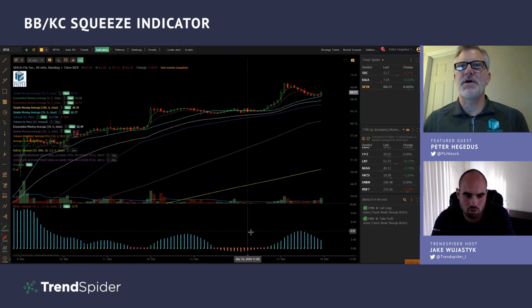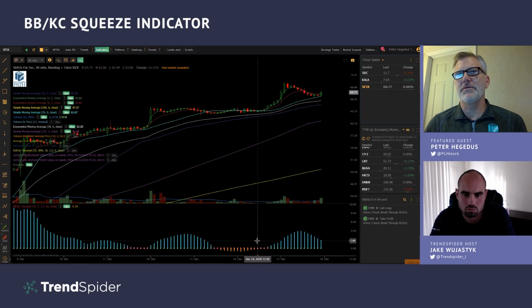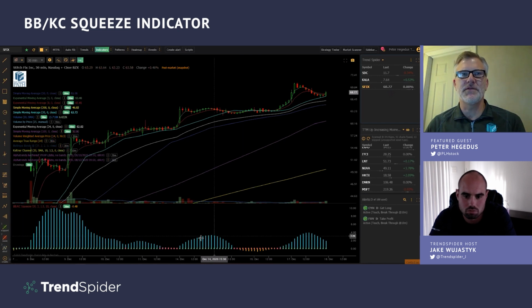And then we combine that with what we call the actual TTM squeeze. And that's going to be represented here on this chart by the green dots that you have here, or the series of red dots that I have there and that I have there. And with this, green dots is considered not to be in a squeeze.